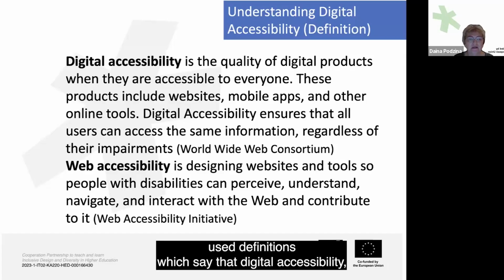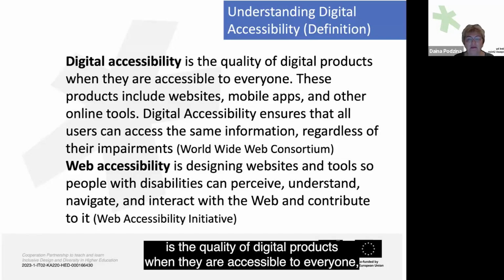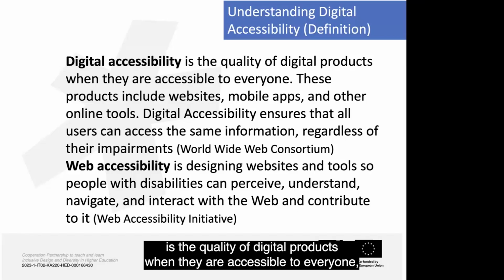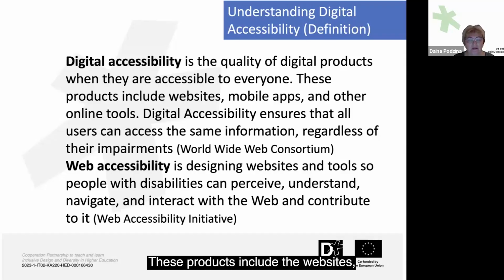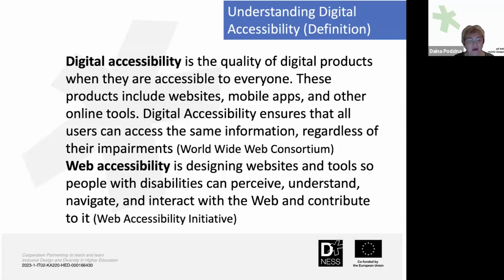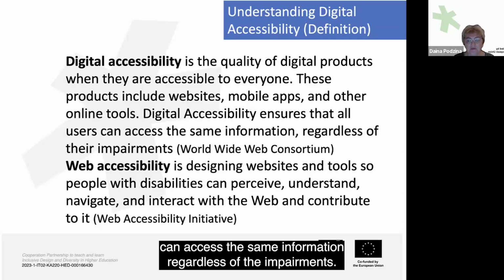Digital accessibility, as stated by the World Wide Web Consortium, is the quality of digital products when they are accessible to everyone, also including persons with disabilities. These products include websites, mobile apps, and other online tools, and digital accessibility ensures that all users can access the same information regardless of their impairments.